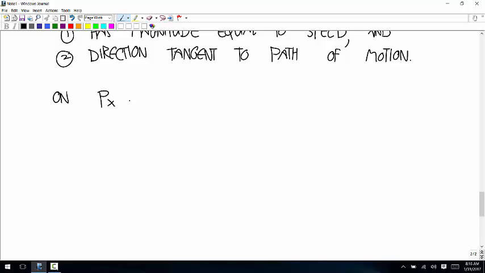On a px versus time graph, the Vx, the x component of the velocity vector, is the slope of the tangent line.